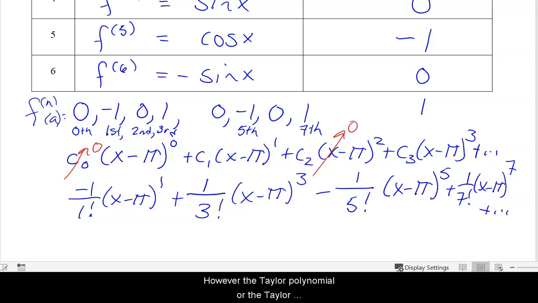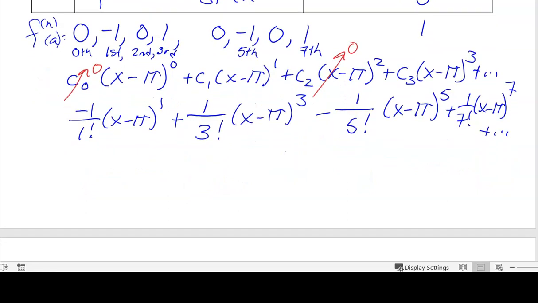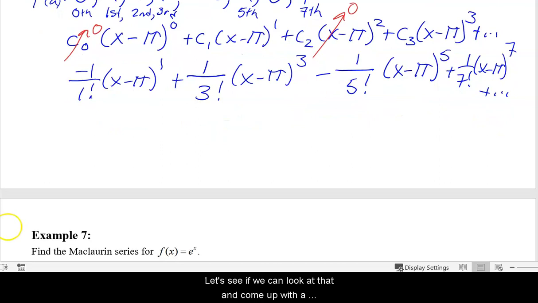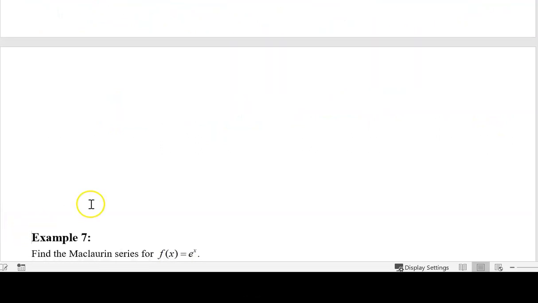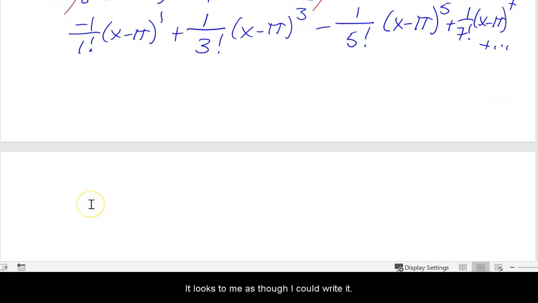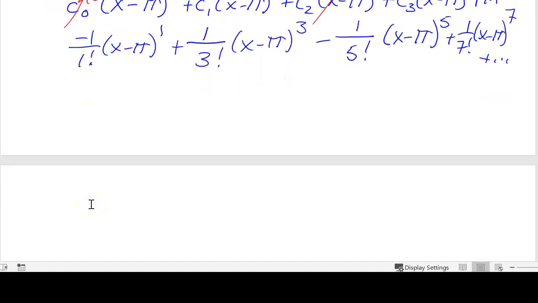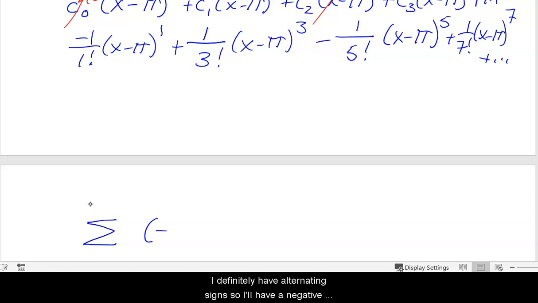However, the Taylor polynomial or the Taylor series does not stop there. It goes forever. A Taylor polynomial would stop. Let's see if we can look at that and come up with a pattern for that particular formula. It looks to me as though I could write it as the sum. I definitely have alternating signs, so I'll have a negative 1 to some power.